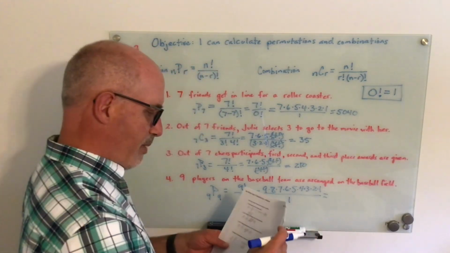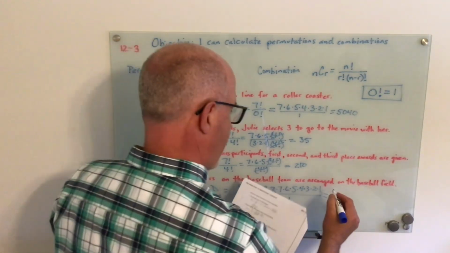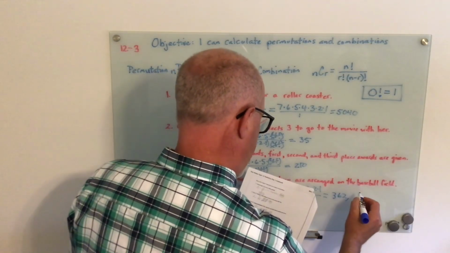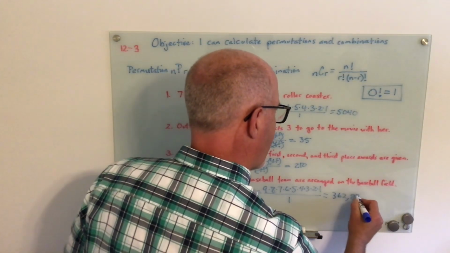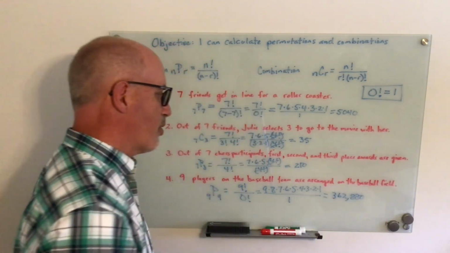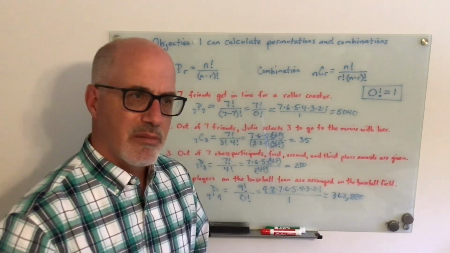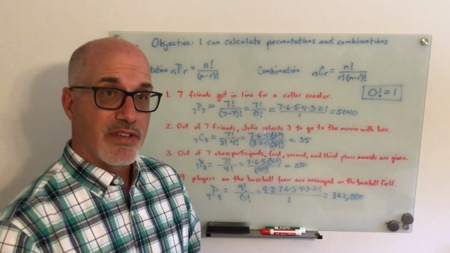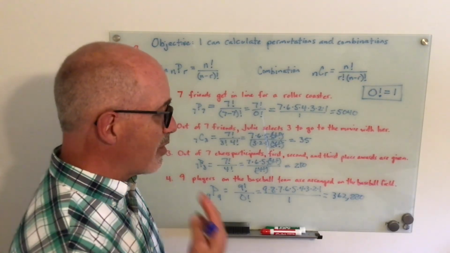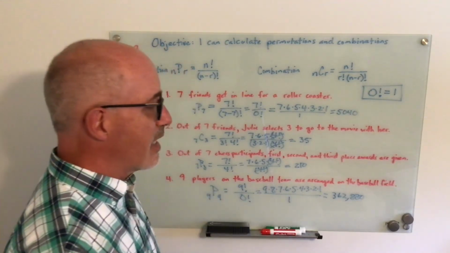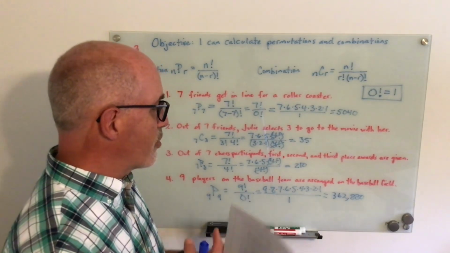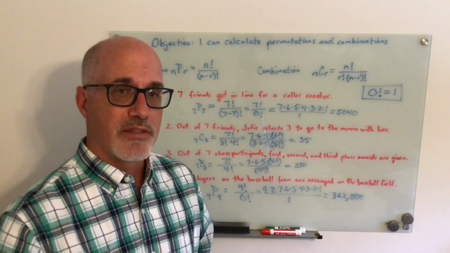And when we multiply that all out, we're going to get 362,880. Can you imagine? If we have just 9 players on a baseball team, the coach has to decide between 362,880 different ways to put them out there. It's his or her choice of how to arrange them on the field.